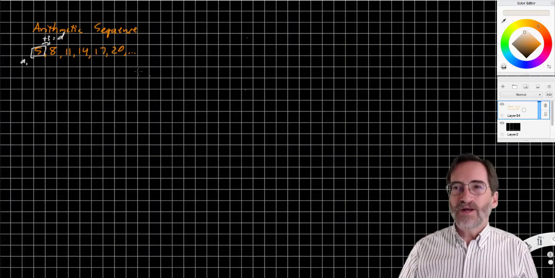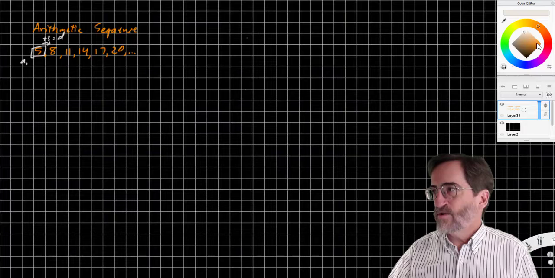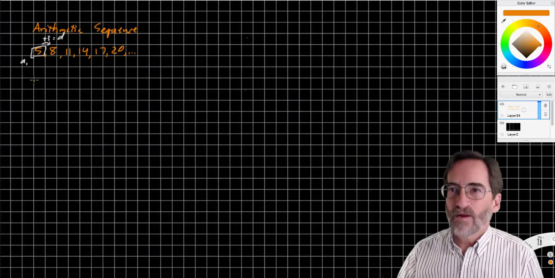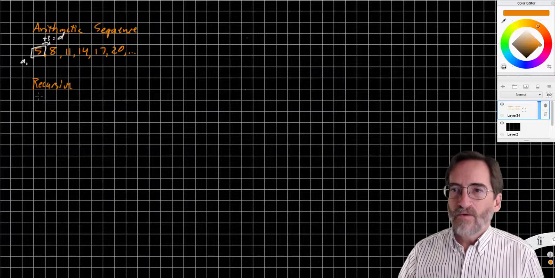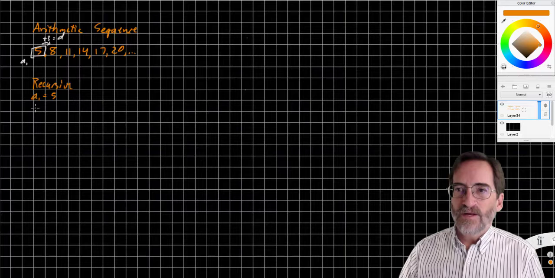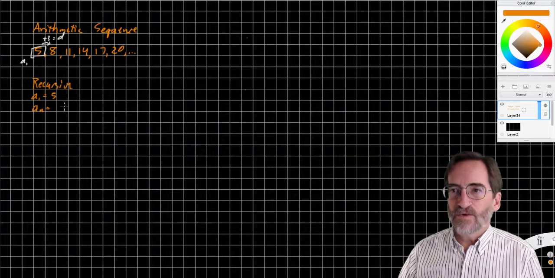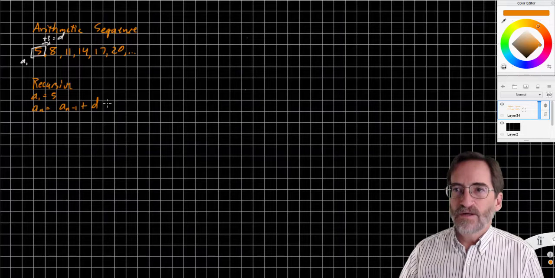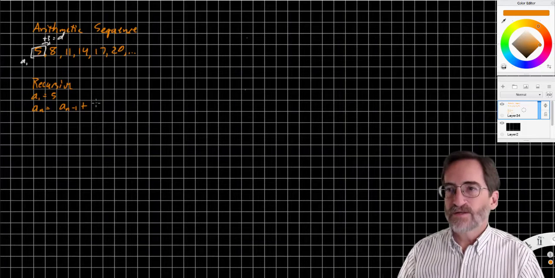And so we can define it a number of ways. We can define it recursively as a1 equals 5, and a sub n equals a sub n minus 1 plus d, or plus 3 in this case.